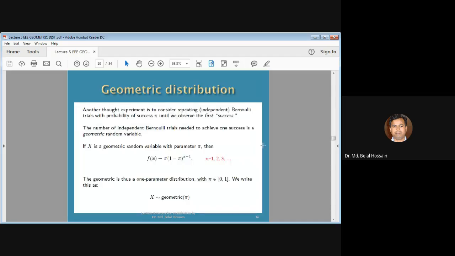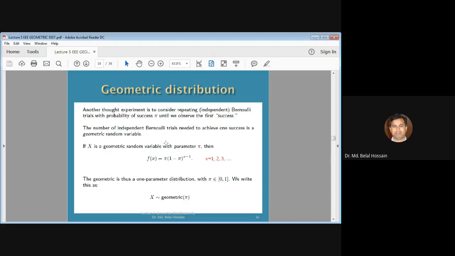So consider the probability of success is pi. Okay, pi. So this is again probability of success is pi, and 1 minus pi is the probability of failure here. So this is independent Bernoulli trial, like success and failure. So we have to repeat this event.